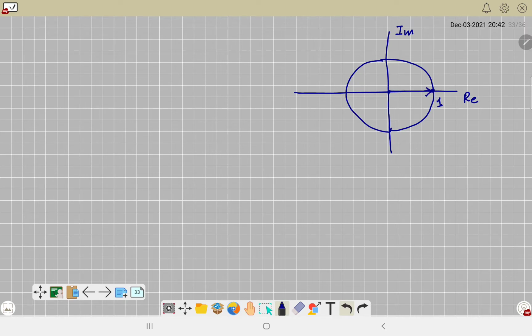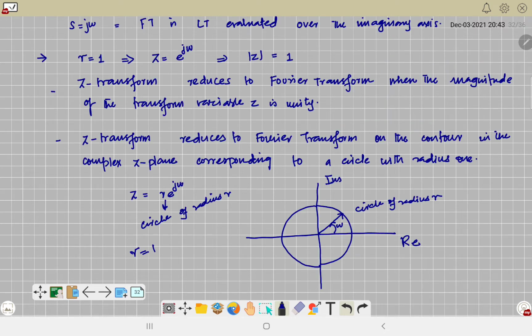Now if I evaluate the z transform on this contour, which represents the circle of radius 1, we say it is a unit circle. It has great significance in the z transform, as we will see shortly. Now if we evaluate the z transform on this, here z is equal to e raised to the power j omega, we will actually be getting the discrete time Fourier transform.